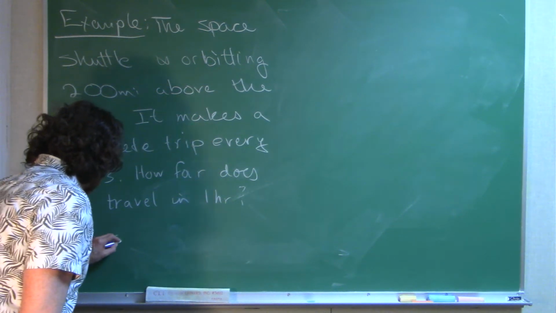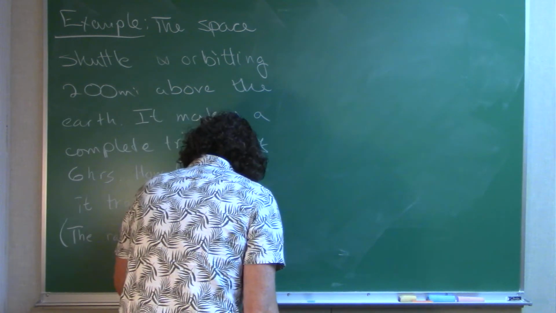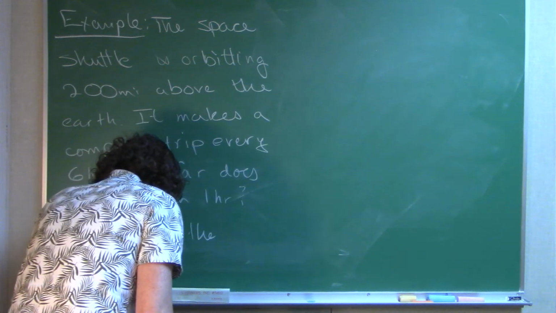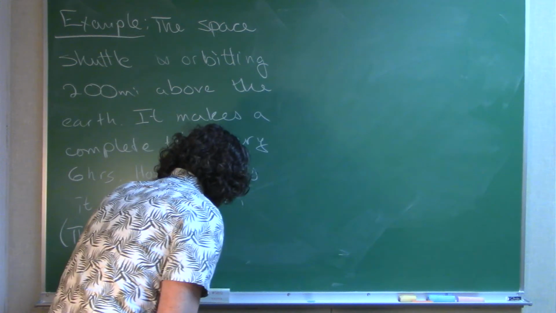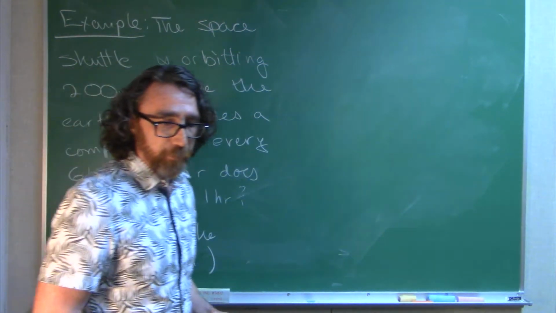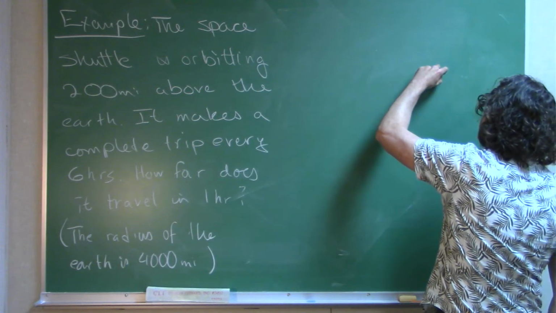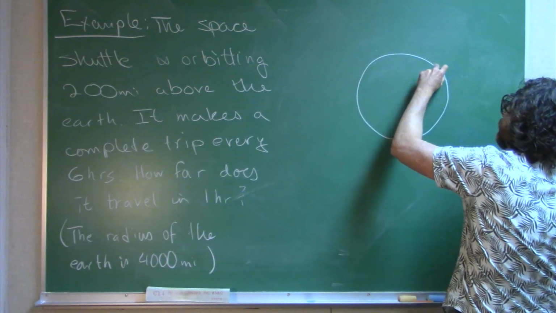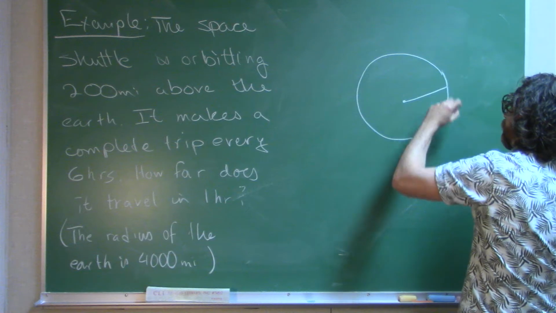And this is a little bit of information that we'll need. The radius of the Earth is approximately 4,000 miles. Now this drawing I'm going to make here is not to scale, but it'll give us the idea. So this is the Earth right here. Imagine that's the Earth.